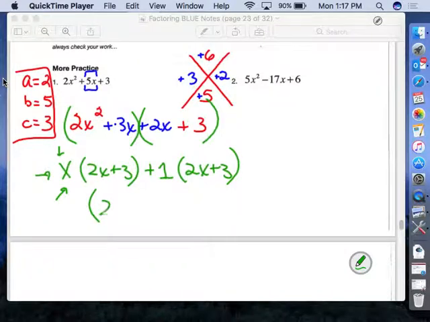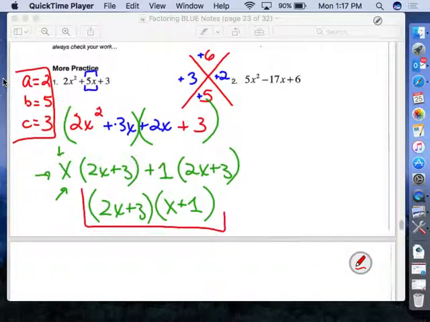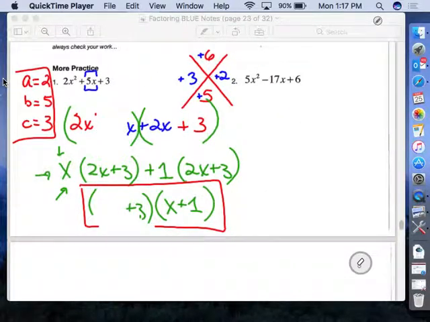So my first expression is going to be 2x plus 3, and then my second binomial factor is going to be comprised of the 2 GCFs that were reverse distributed out. This is my final product. If I multiply the binomials in the red box, it's going to give me the original problem that I just started with. And let's look at the second problem on the video before I end it.